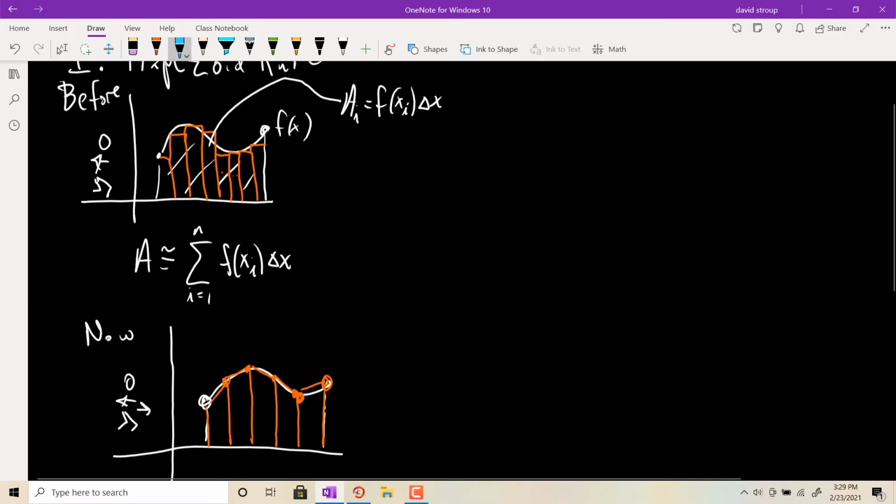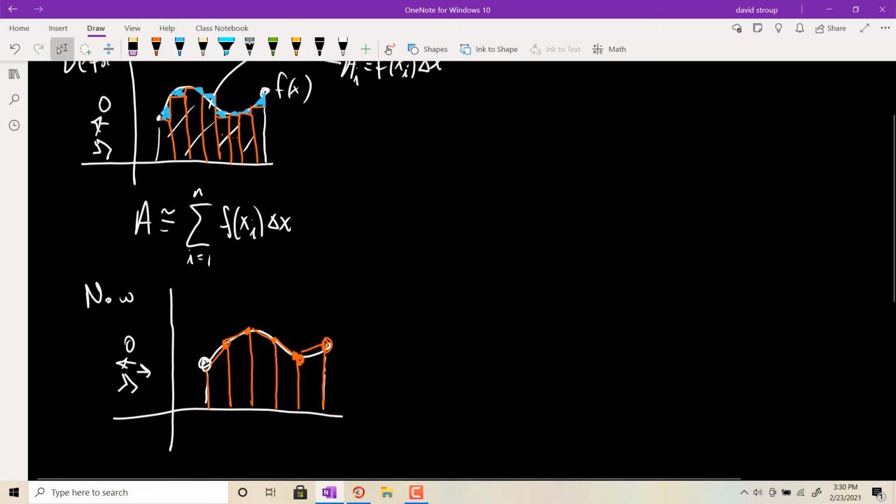Because in the rectangles, you can see there's error all over the place. Here you're going over, here you're under approximating. But in the trapezoid case, the trapezoids conform better to the actual curve. There's still error, but it's not as bad as just using rectangles.